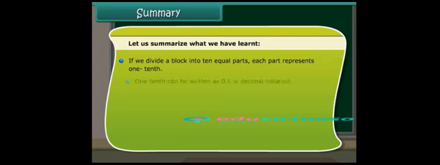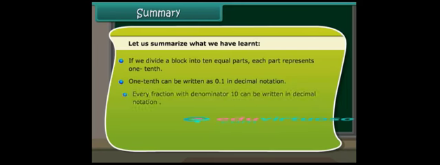Summary. Let us summarize what we have learned. If we divide a block into 10 equal parts, each part represents 1/10. 1/10 can be written as 0.1 in decimal notation. Every fraction with denominator 10 can be written in decimal notation.